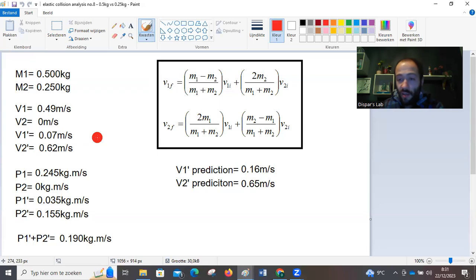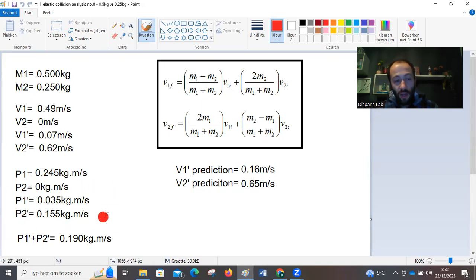So that would mean that the conservation of momentum is not going to be that great because of the loss of velocity. The initial momentum is 0.245 kilograms times meters per second. Then the red cart came out with a momentum of 0.155 kilograms times meters per second, and the blue cart continued to move with a momentum of 0.035 kilograms times meters per second.